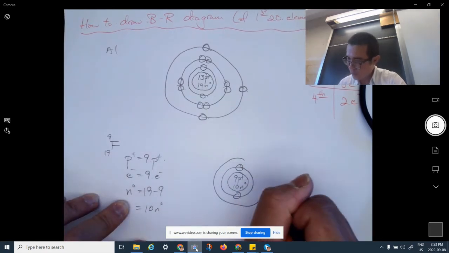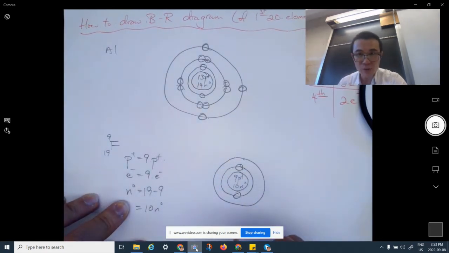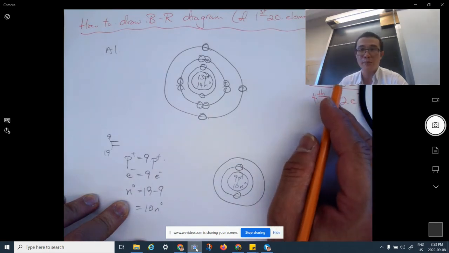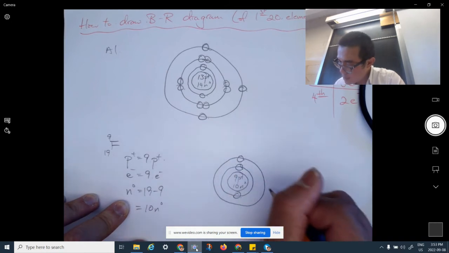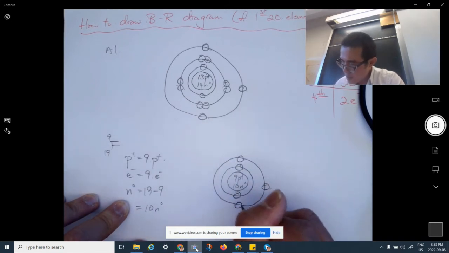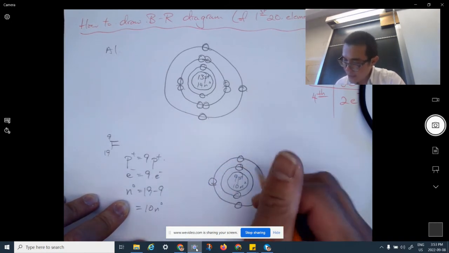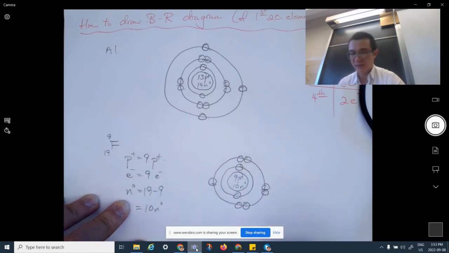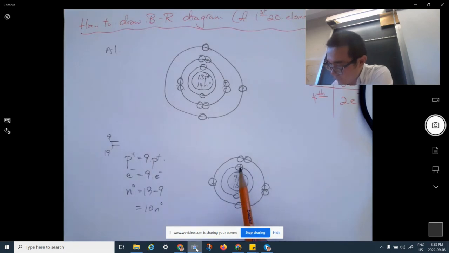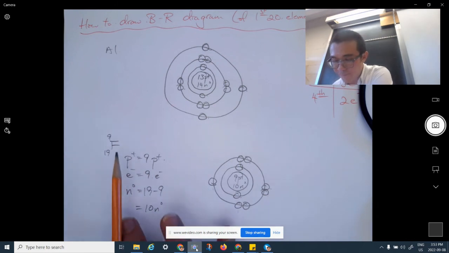For the second shell, thankfully we can put them all in here because you can put 8 here: 1, 2, 3, 4, 5, 6, 7. If you count 1, 2, 3, 4, 5, 6, 7, 8, 9, we have 9 electrons. So that will be the Bohr-Rutherford diagram for fluorine.